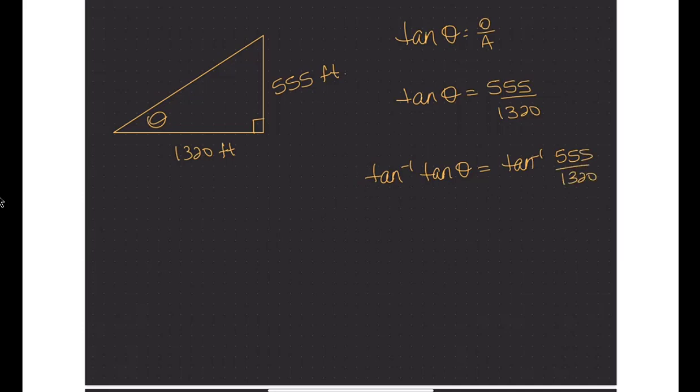If you take a number times its inverse, it cancels out, so that cancels out the tangent. So you're left with theta equals the tangent inverse of 555 over 1,320. On your calculators, it's that second tan. And then we should get theta equals like 23 degrees.